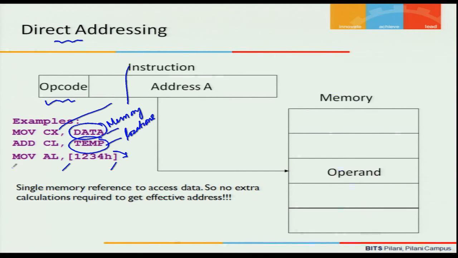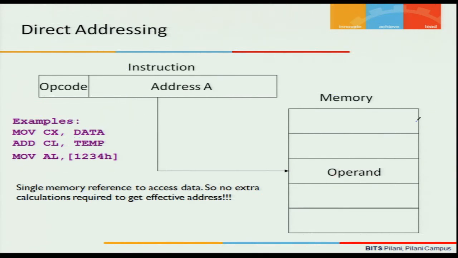The way in which this instruction would work, for example, if you take the last instruction, which is move AL, 1234, it is essentially saying that I will go to the data segment, and in the data segment I will go to an offset of 1234 hex.